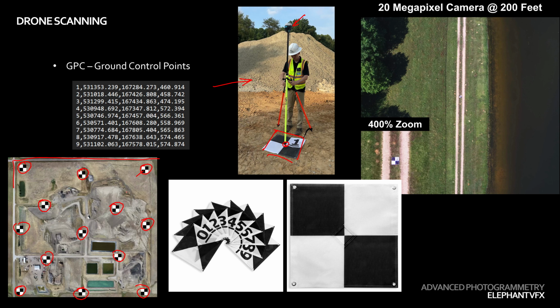So then we will end up with GPS coordinates for each of these, all right? And those GPS coordinates end up in a text file, which is this, right? It will give you latitude, longitude, and height for each of the points. So if we have 9, this is the first point, second, third, and so on.